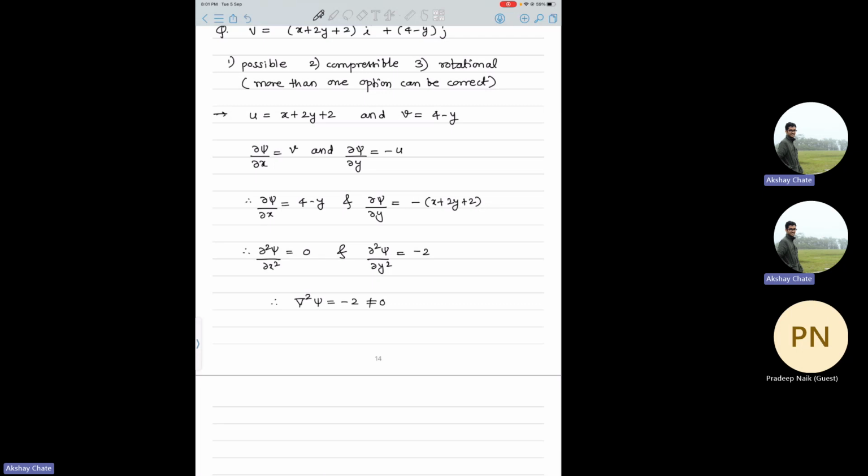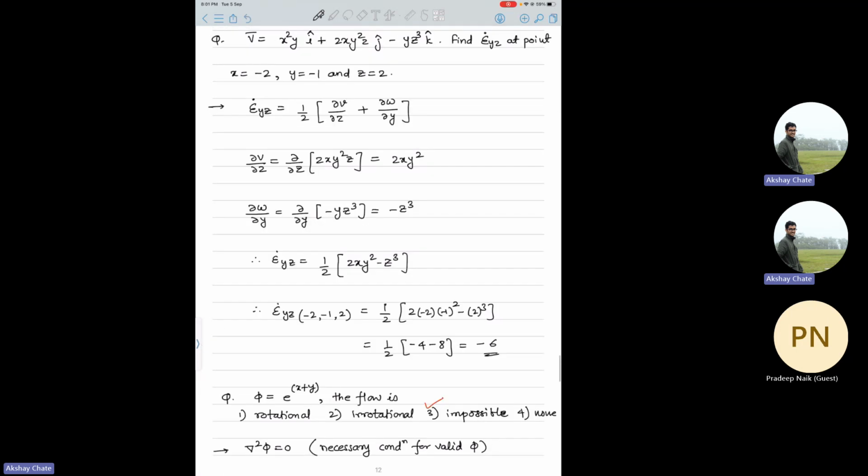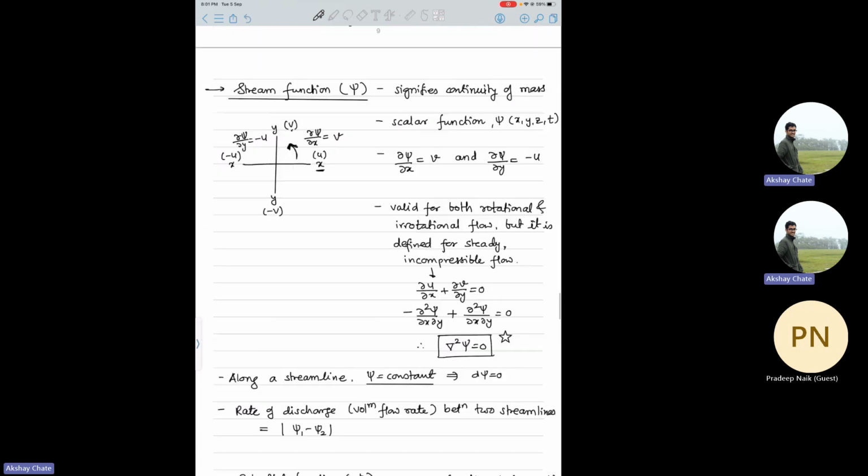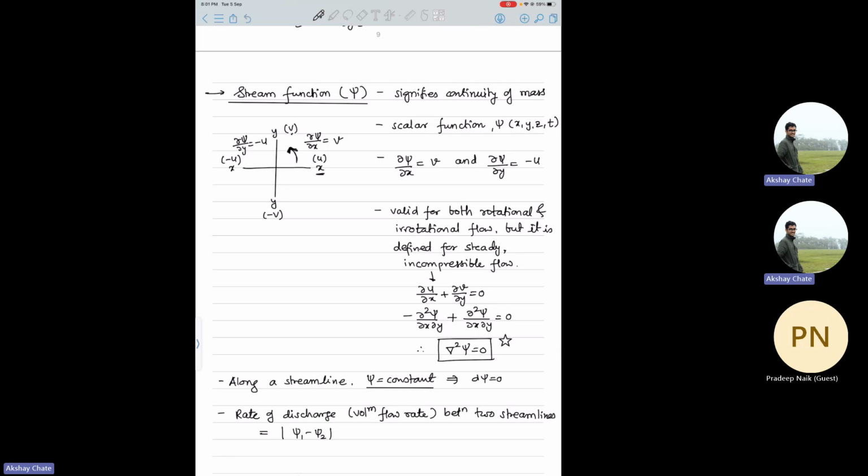And if this is not equal to 0, what does that mean? It is compressible, sir. Yeah, so that means it is compressible, right?